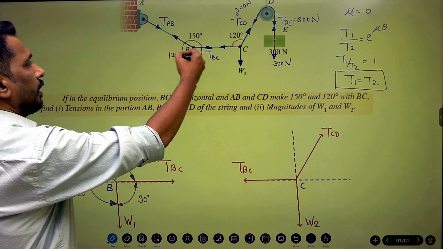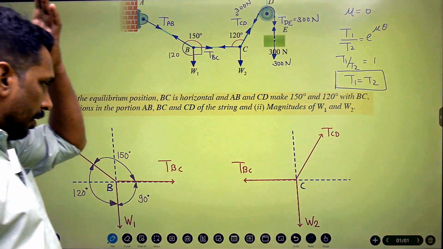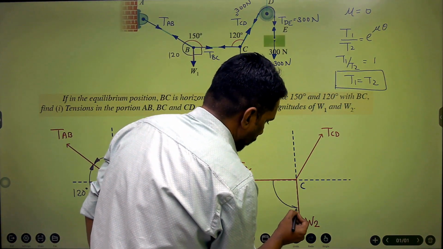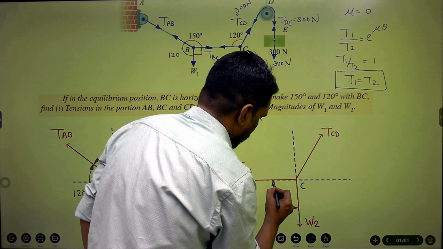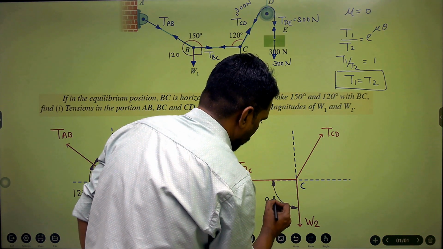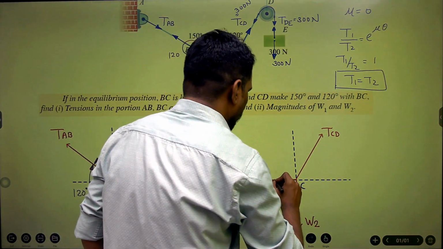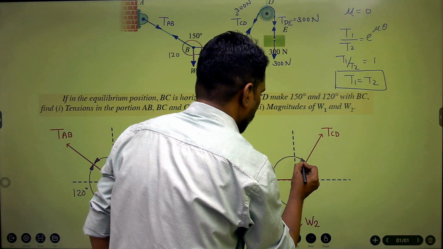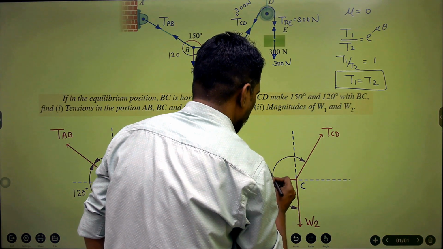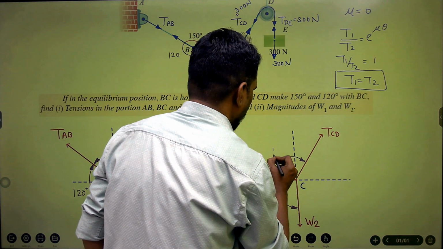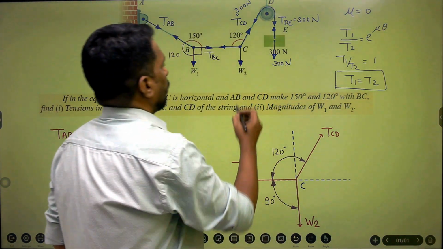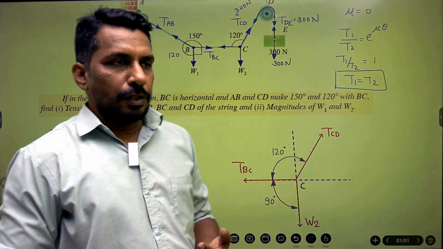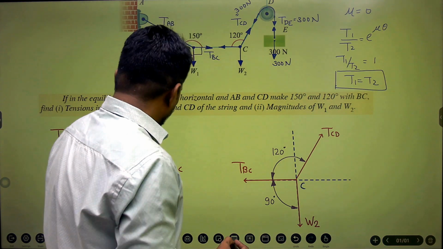So 150, 90 and 120. A similar thing we'll do in the FBD of C. So this is 90. This 120 is directly given to you, so there is no need of any calculation. And finally the remaining angle: 90 plus 120 is 210, so if I subtract this from 360, it becomes 150.